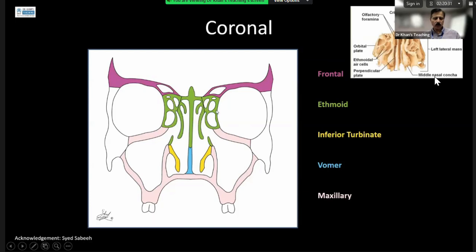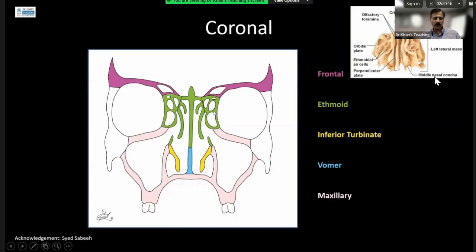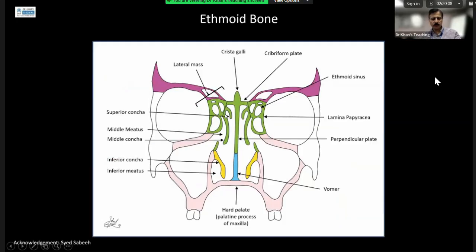So the bone between the ethmoid sinus and the orbit, this bit where I'm pointing out, is known as lamina papyracea. This is a very thin bone and an exam bone because infections of the ethmoid sinus can go into the orbits. And this is a very important concept, which we will come back to.